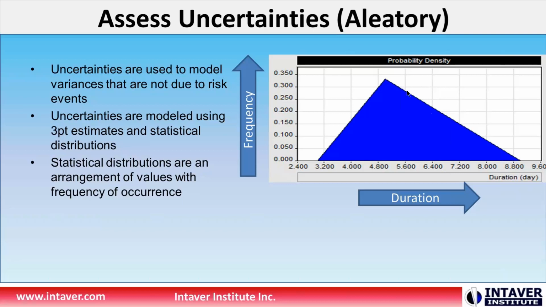The peak is the most likely, the optimistic is obviously on the left, and the pessimistic on the right. Really what we're showing is a continuous distribution of all the possible durations that could occur, in this case from about 3 days to 8 days.